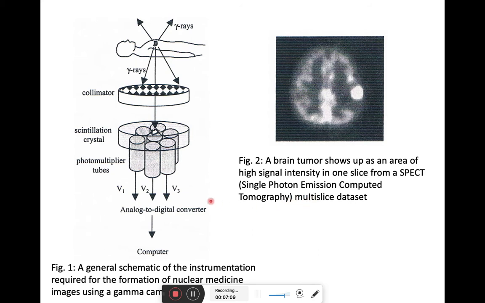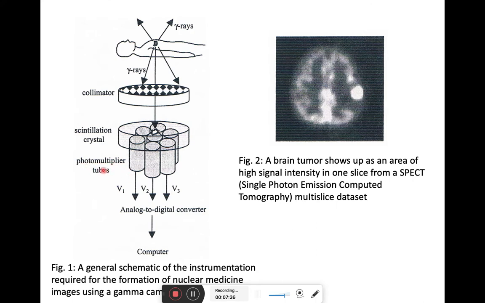So this is the general schematic of the instrumentation setup for NMI, using the gamma camera. We have a collimator. This is familiar to you, I believe. The only difference is that we have the scintillation crystal and the additional photomultiplier tubes.